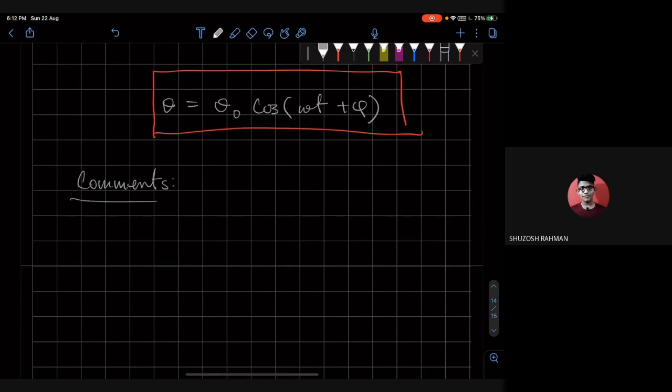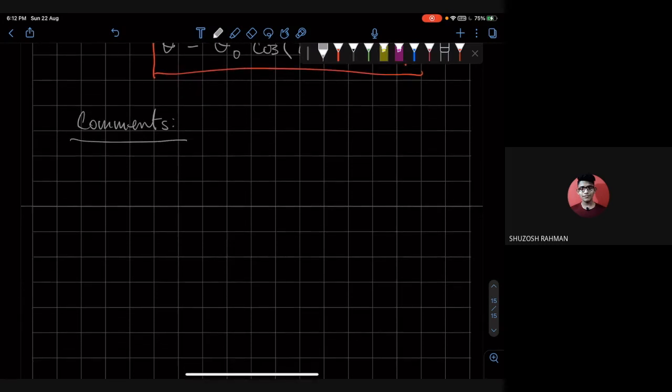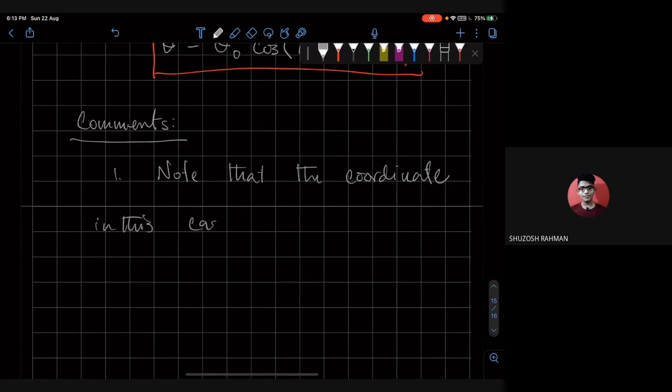The first one is the important one: note that the coordinate in this case is theta and not x comma y.